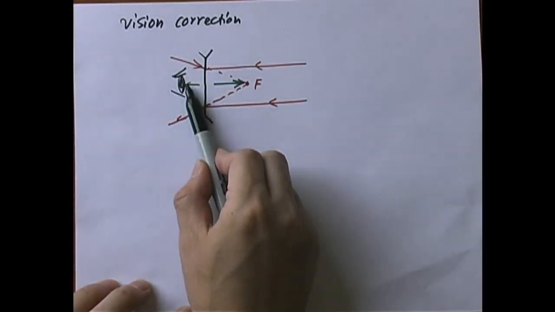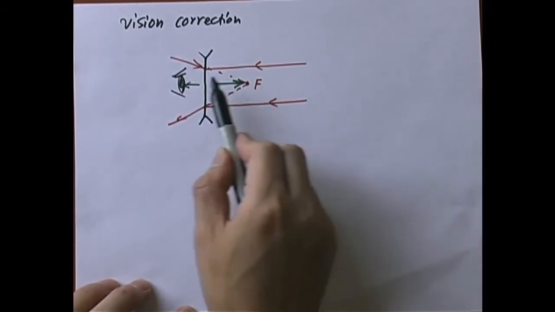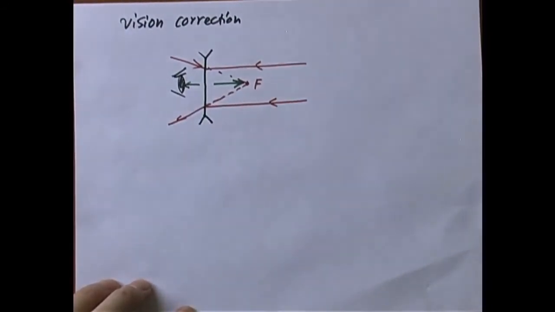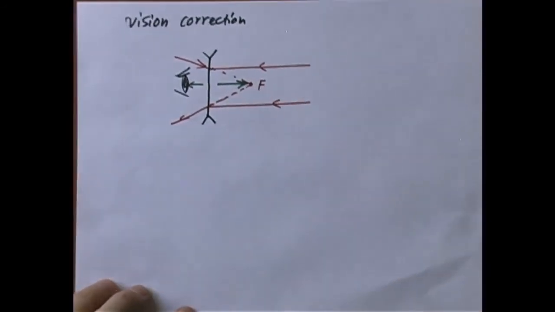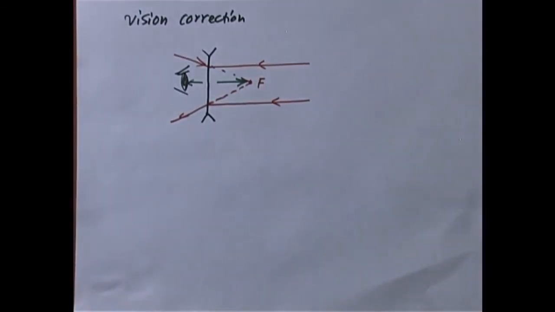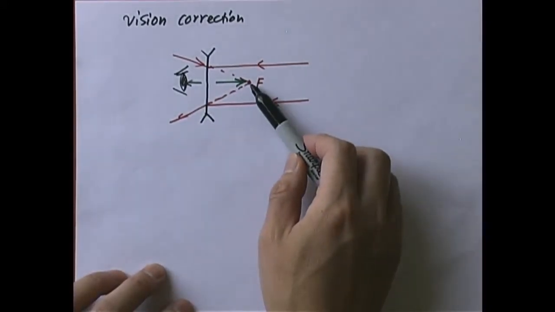That distance is between here and there. So if you put an object this far or closer to your eye, you will be able to see it, right? But an object further away from that point, you cannot see it. So the way you correct that problem is by wearing eyeglasses. The pair of eyeglasses you wear are made of divergent or negative lenses, or concave lenses. A concave lens forms a virtual image, right?